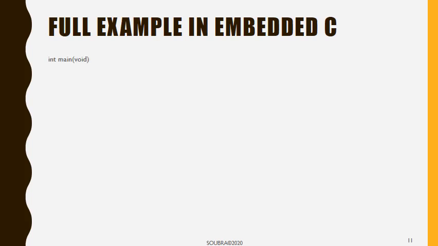Alright, so first thing I'm doing here, I'm creating a main function. So this is where the magic is going to happen. So let's say I want to set up a particular pin as an output. I've chosen port B. So I need to deal with the direction register in order to set it up as an output, because remember the default value is an input.